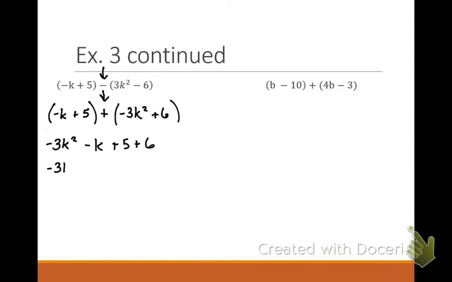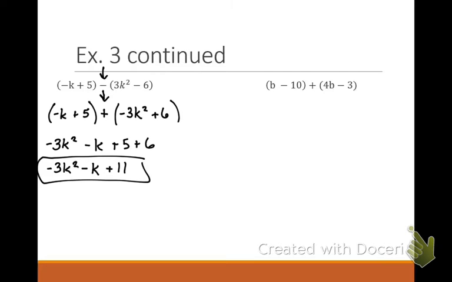So negative 3k squared minus k. Can I combine them together? No. I cannot, because they don't have the same exponent. They do have the same variable, but they also have to have the same exponent to combine them. So I leave them separate. Plus 11.